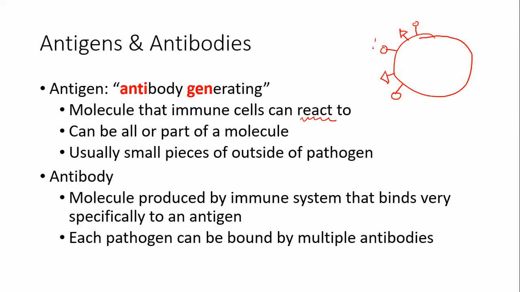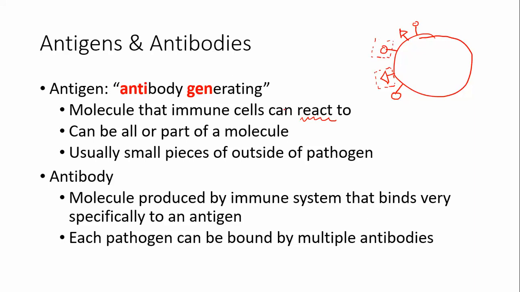Well, anything that your immune system can react to and mount a defense against or create an antibody against is called an antigen. So this guy right here has two antigens, that circle and that triangle, two potential places where your immune system can react to it.